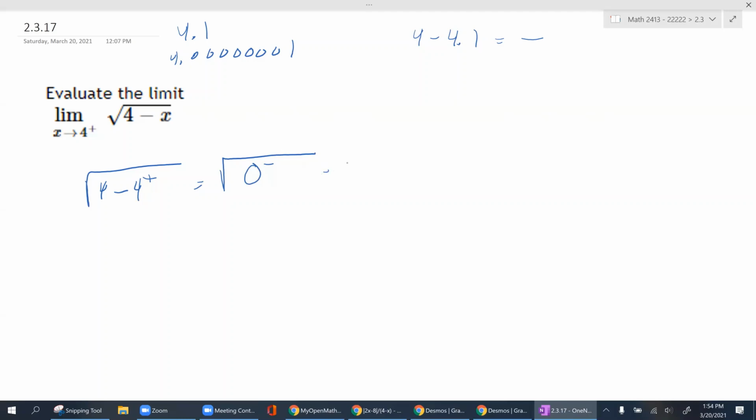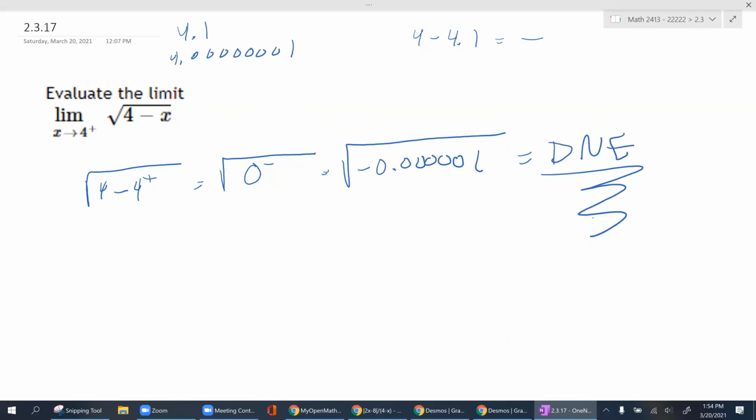So this is like saying the square root of negative 0.000001. It doesn't matter, it's still negative. So in other words, this does not exist. If it was positive, that's fine, it would exist.